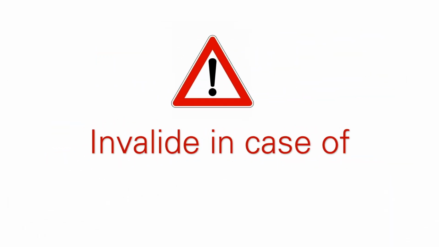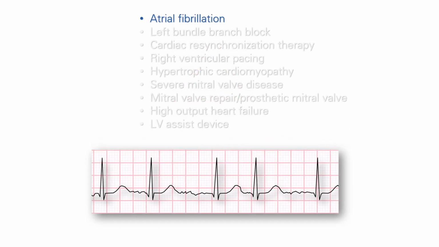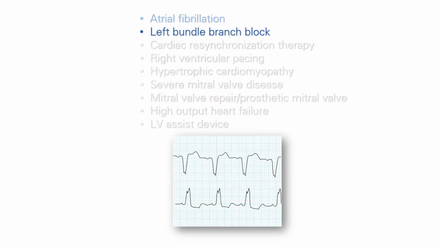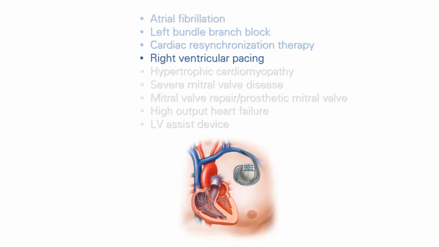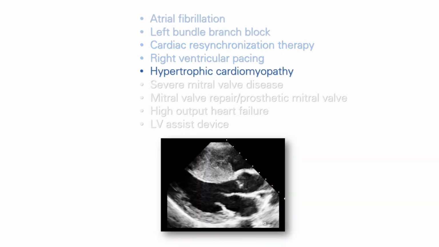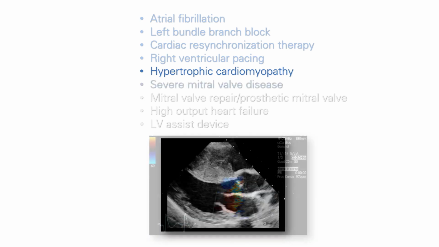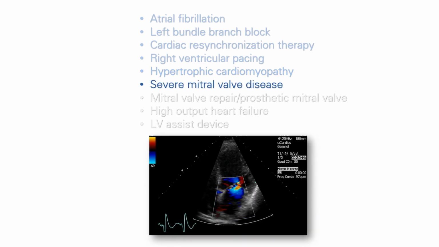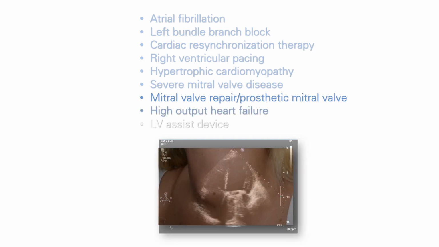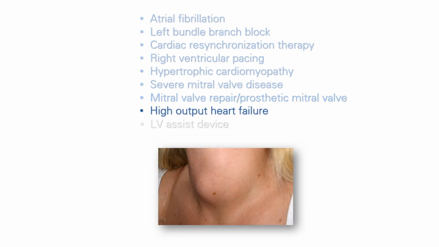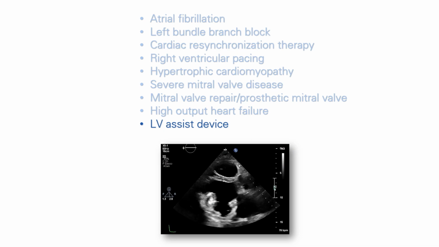The algorithm is not applicable in case of atrial fibrillation, left bundle branch block, cardiac resynchronization therapy, right ventricular pacing, hypertrophic cardiomyopathy, severe mitral valve disease, mitral valve repair or prosthetic mitral valve, high output heart failure, LV assist device.